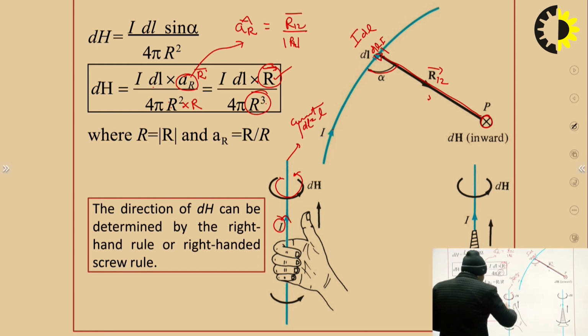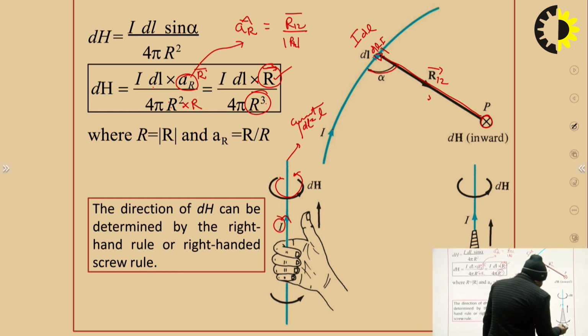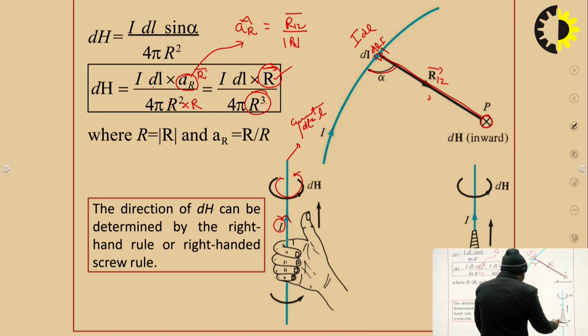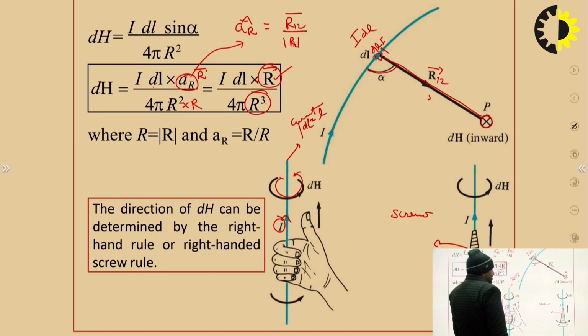We have to find the direction of the differential magnetic field intensity.